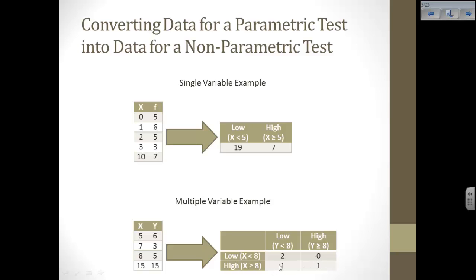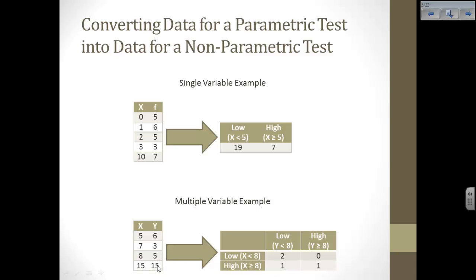This next category, high X, X greater than or equal to 8, and a low Y, Y less than 8. If you go over here, we have two people that have an X that's greater than or equal to 8. We've got 8 and 15. How many of those people have a value for Y that's less than 8? Well, this person has a value greater than or equal to 8 for X, so they're high X. They have a 5 for Y, which is less than 8.